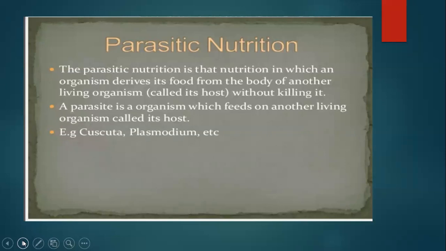Whereas in parasitic nutrition, the organism depends on living organisms. That is the main difference between saprophytic nutrition and parasitic nutrition. Okay, children. In saprophytic nutrition, organisms depend on dead and decaying matter, whereas in parasitic nutrition, organisms depend on living organisms.